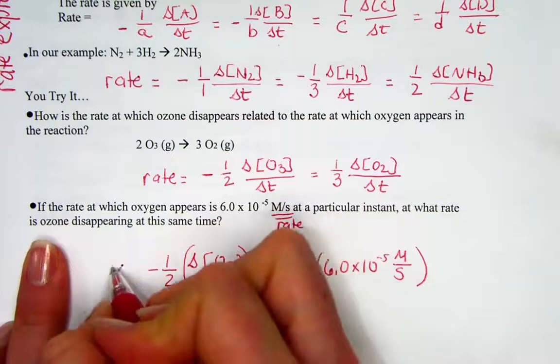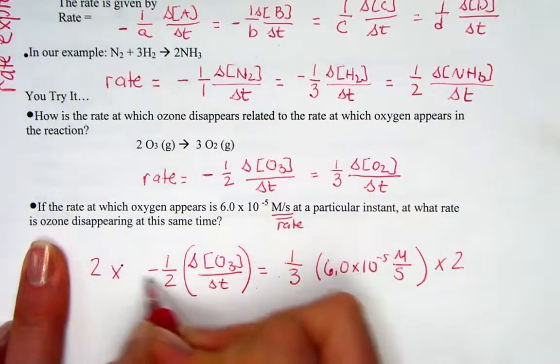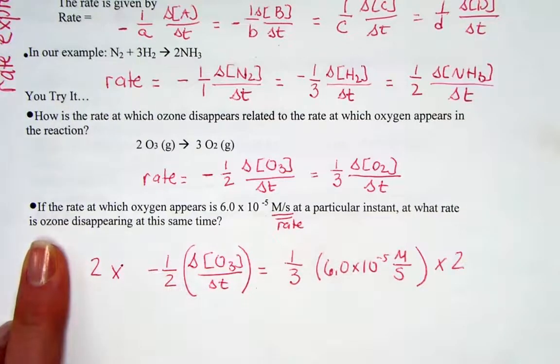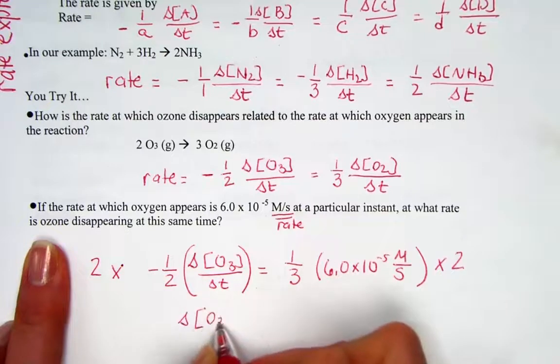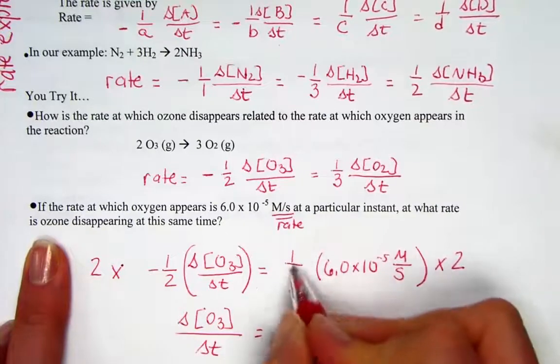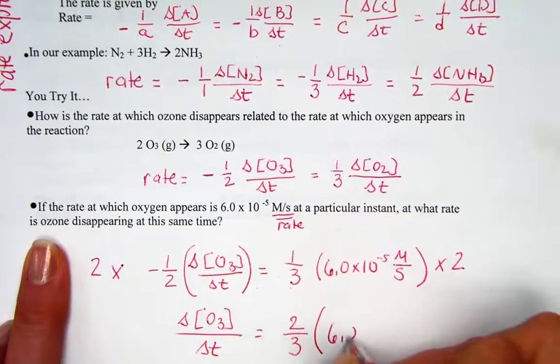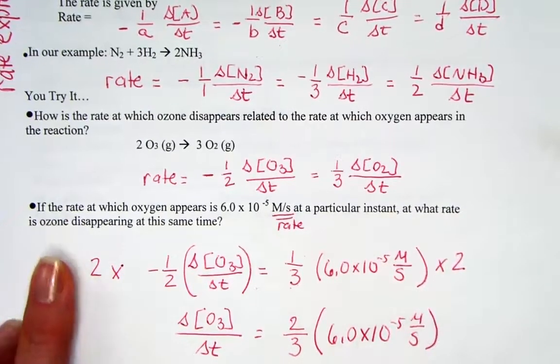Why don't we start by multiplying both sides by 2 to cancel the fraction of 1/2? We can see now that the change in concentration of ozone over the change in time is equal to 1/3 times 2. I think I'll simplify that by just showing 2/3 of 6.0 times 10 to the negative 5th molarity per second.